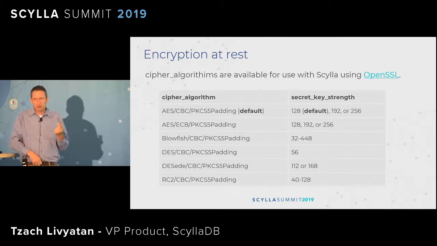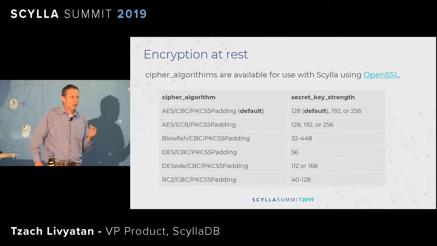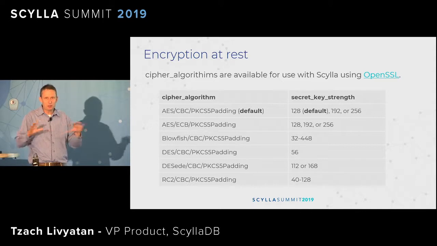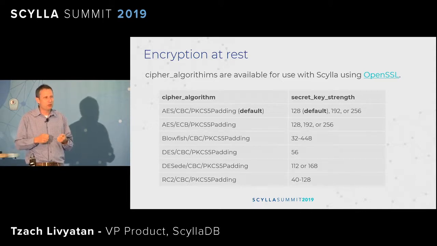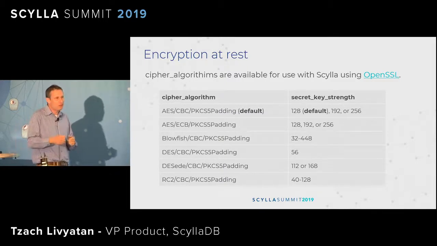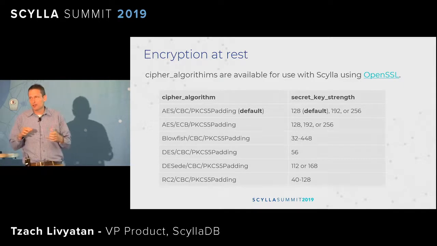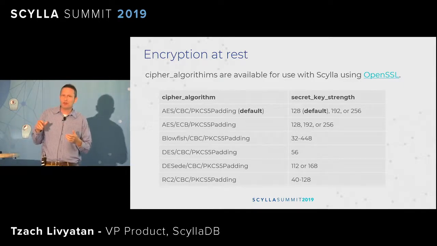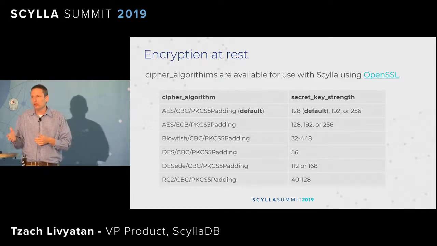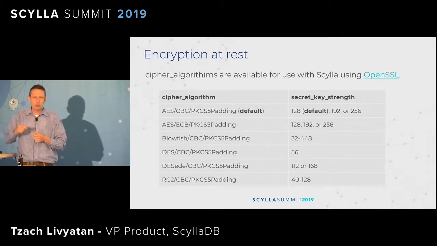Please note, and this is something that confuses many people, and it's not just for Scylla, but for encryption at rest in general: it doesn't protect you from someone logging or SSHing into your machine and reading the data from disk. It does give an extra layer of protection, but not full protection, because if someone is already in your machine, he can read the keys to the encryption from memory or from disk or wherever the key is saved, and potentially read the data from there and decrypt it using this key.